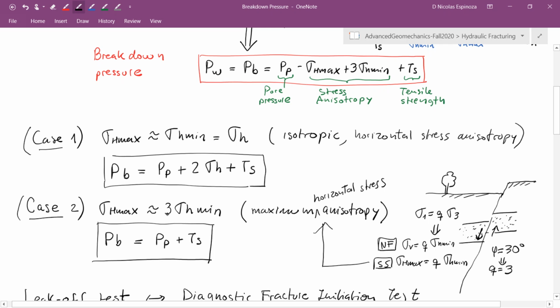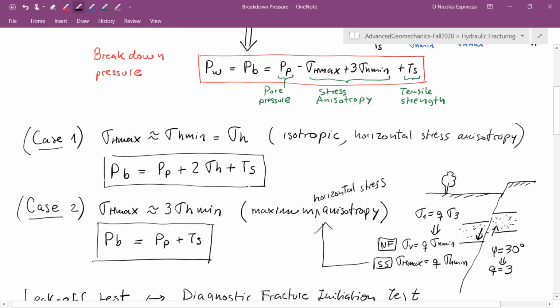And when that happens, if sigma h max is equal to 3 sigma h min, then in this equation these two terms are going to cancel out. What this is telling me is that in case number 2, of a large stress anisotropy, almost the maximum, the breakdown pressure is going to depend on the pore pressure too, but it's not going to be a function of the effective horizontal stress.